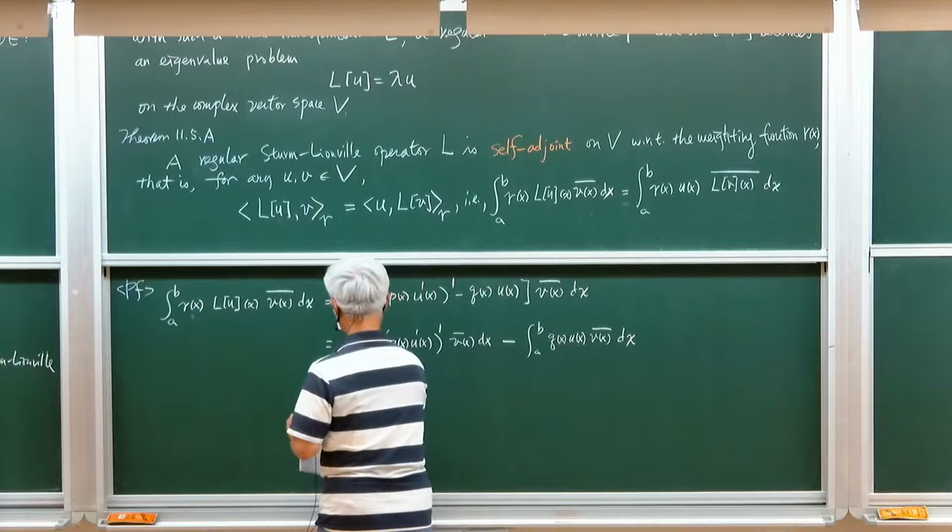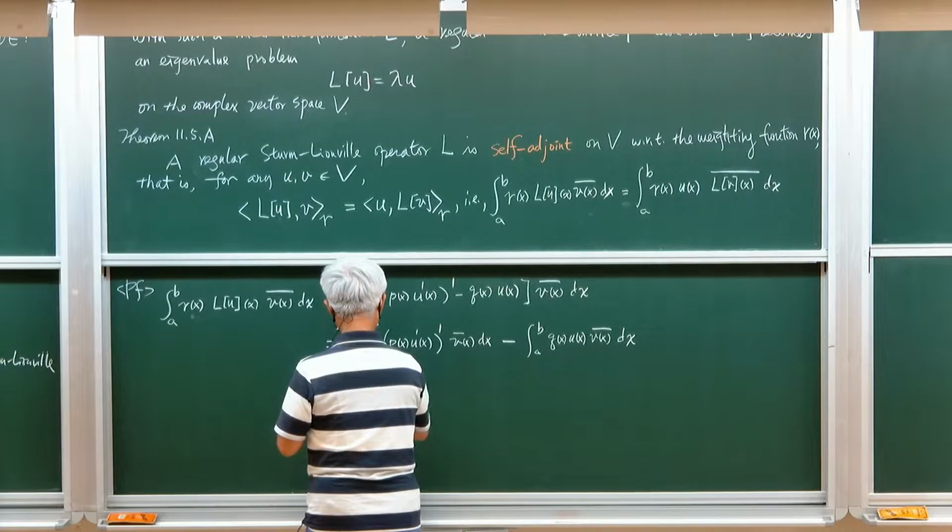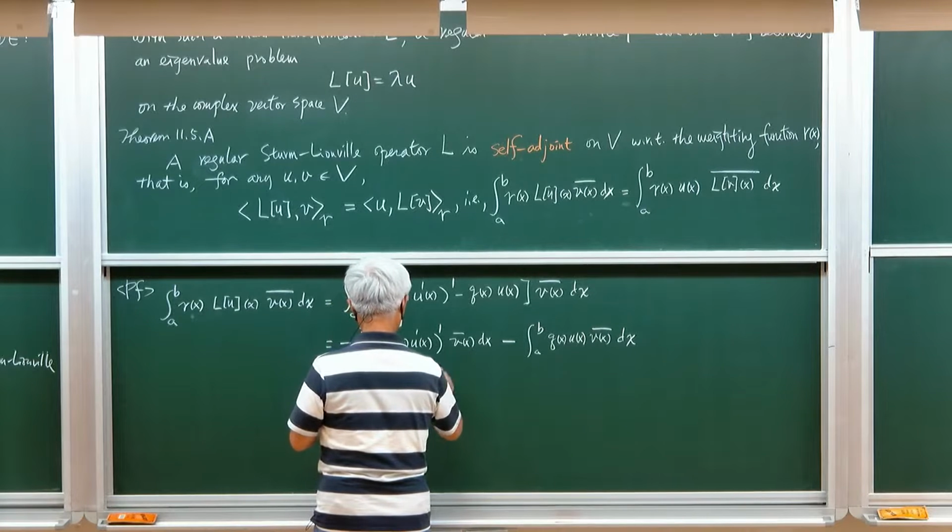Okay, and so we have minus P of x, u prime of x, v bar of x, evaluated from a to b.